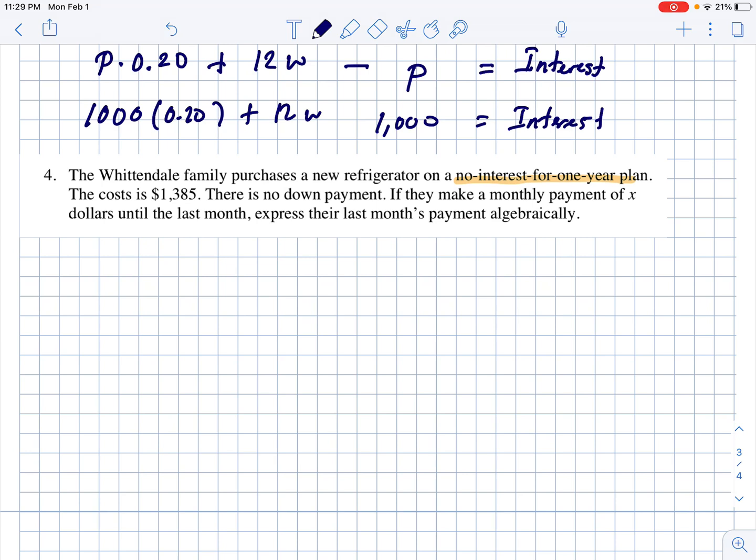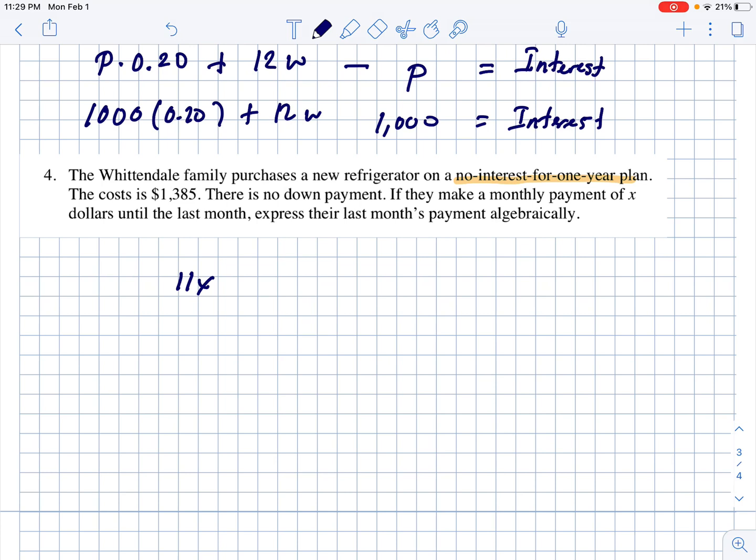So the last month will be month 12, so we're going to be making 11 payments of X, whatever X is.